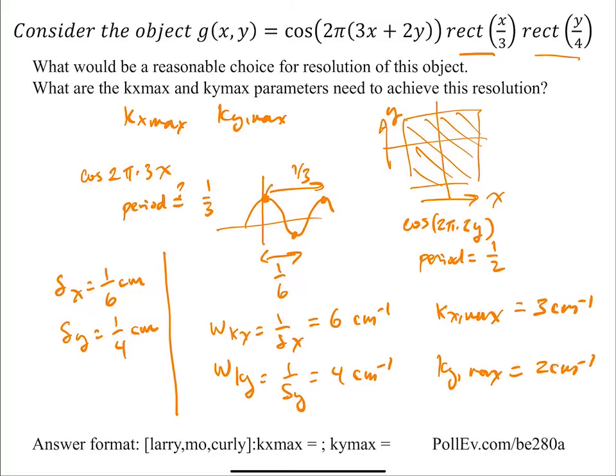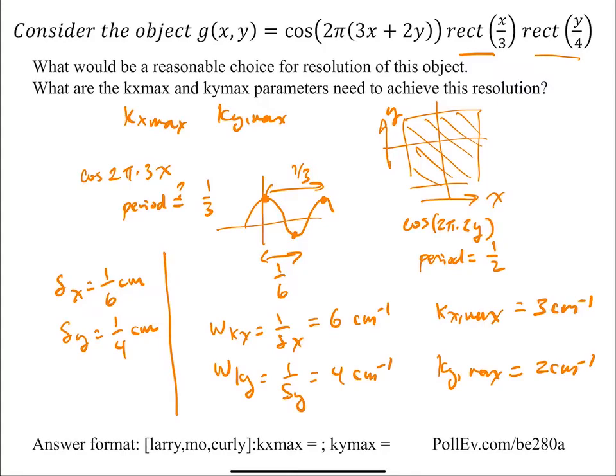Any questions on that problem? So the rect part of it determines the field of view, so you get the delta k. The resolution part, in real life, would depend on what you thought was in the object.